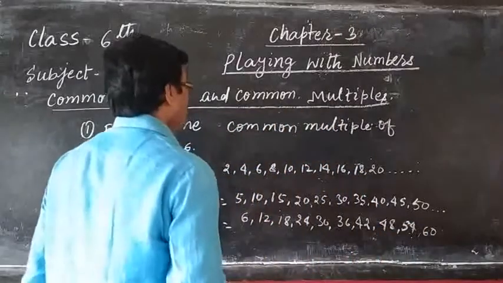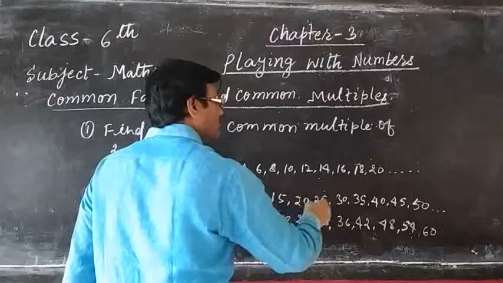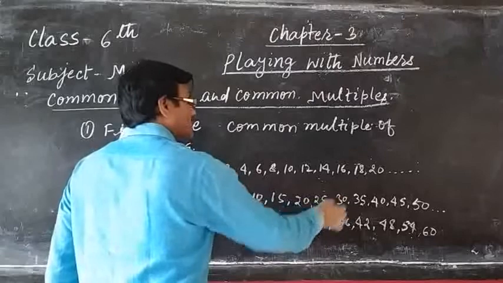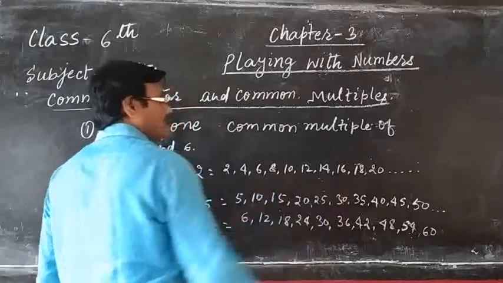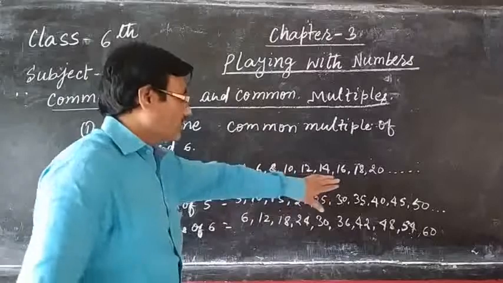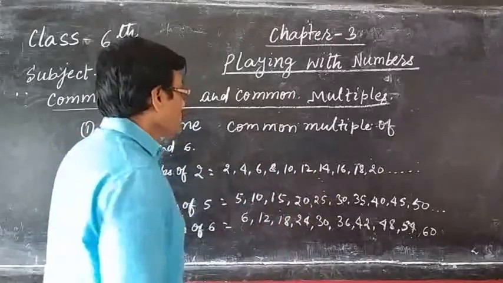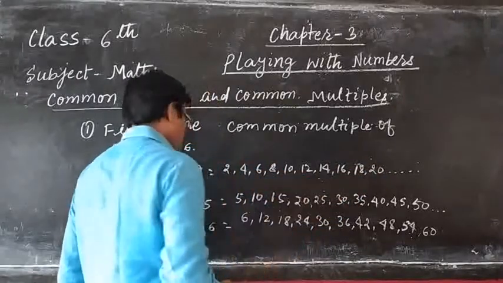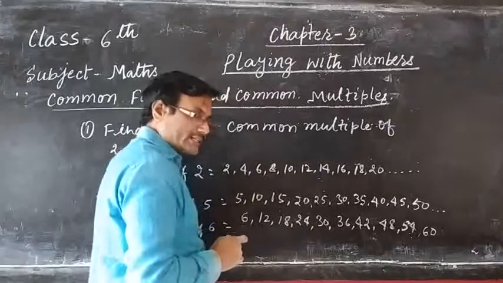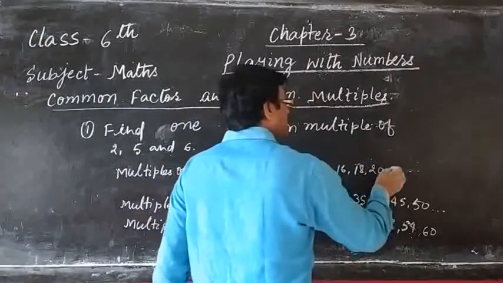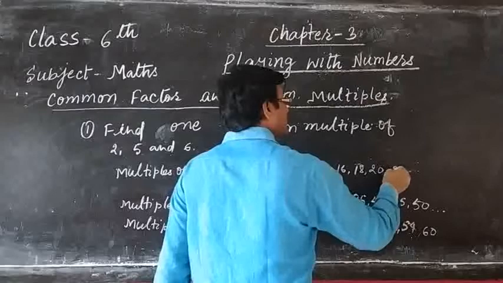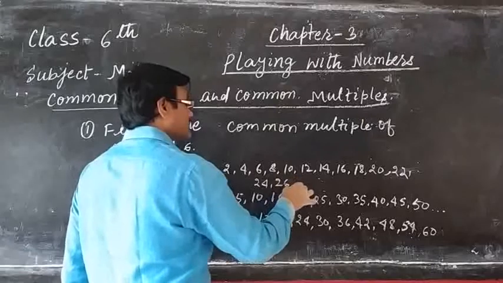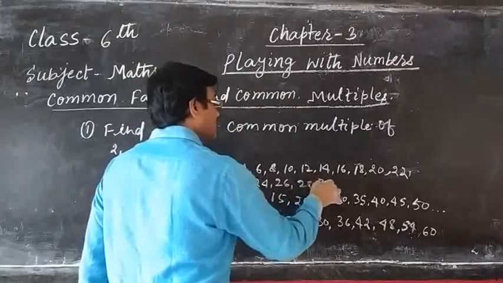So here we look at the list for the number which comes among them. In 5 and 6 we find 30 present, but in the table of 2, 30 is not present. तो इससे छोटा कोई नंबर नहीं है. So if we go to 20, we find that 20 is in 2 and 5, but not in 6. So we increase the table as 22, 24, 26, 28 and 30.